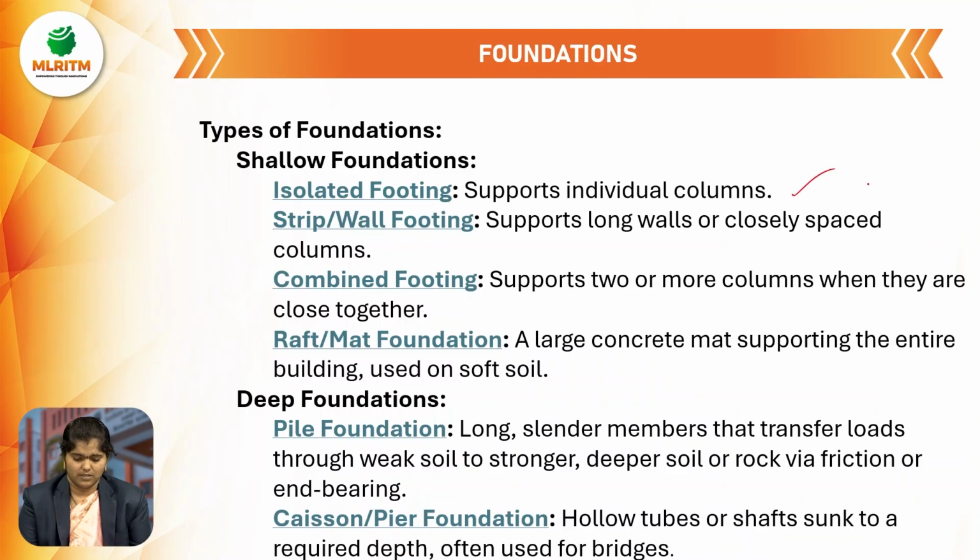Wall footing supports long walls or closely spaced columns. Combined footing supports 2 or more columns when they are close together. A raft foundation is a large concrete mat supporting an entire building, used on soft soil.